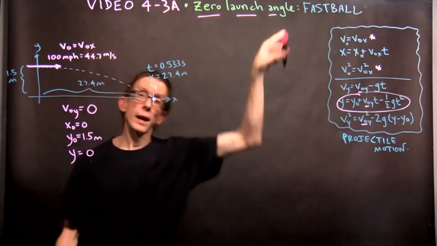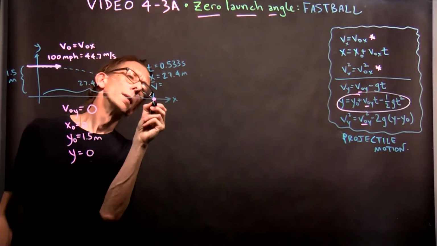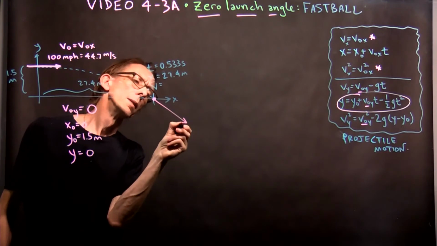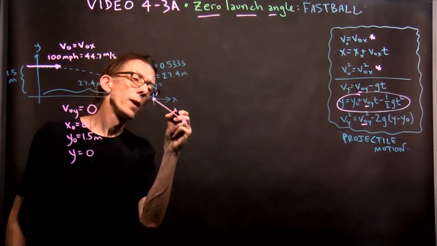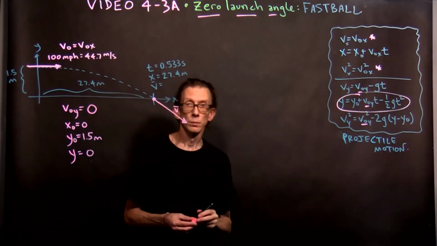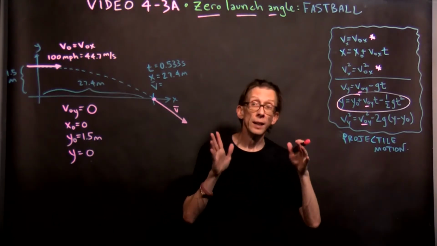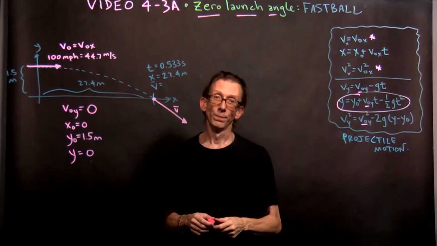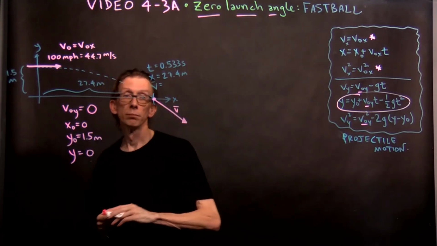It will bounce back up and its velocity vector will change. But when it hits the ground, its velocity vector looks like this. And this is its final velocity vector, and that's what we're looking for. And it's a vector, so we want both the magnitude and the direction of this vector.